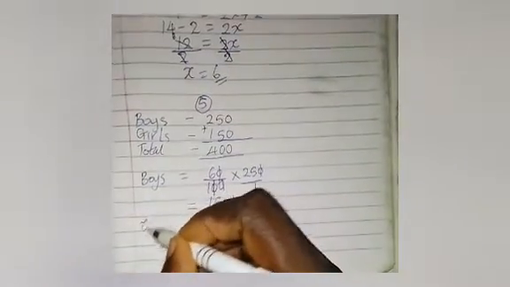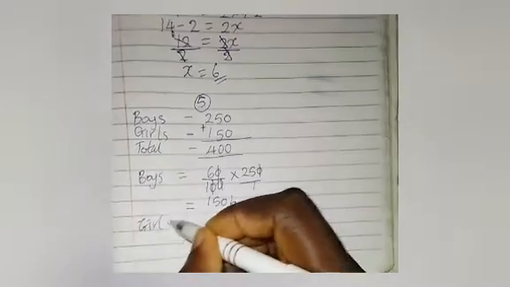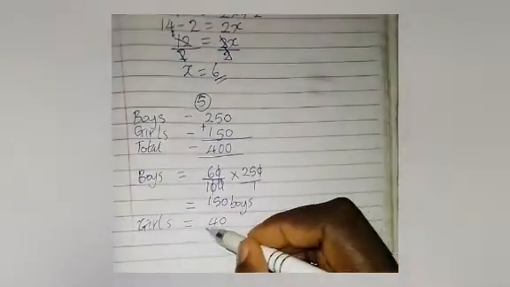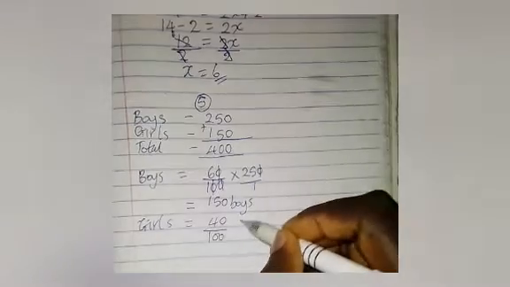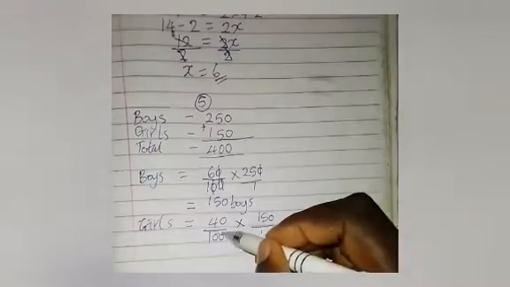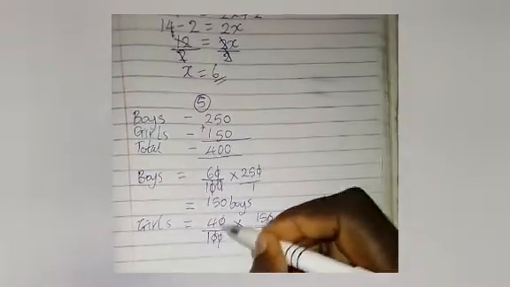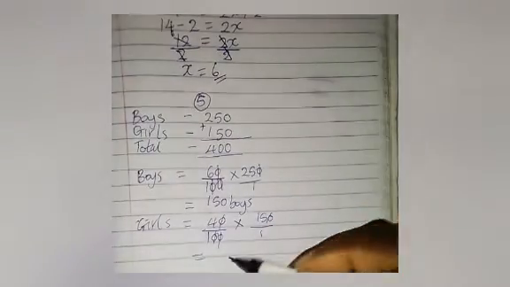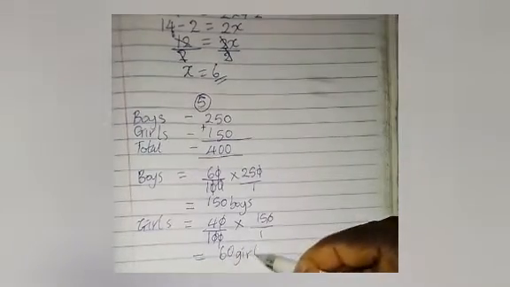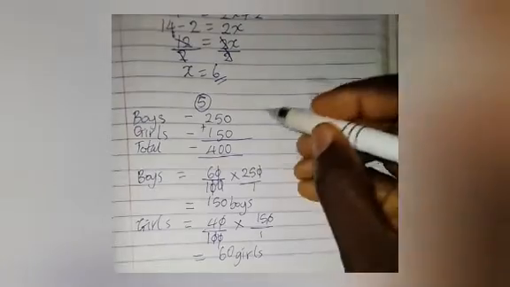And percentage of girls that played football is 40%. That is 40 over 100 times 150 girls over 1. We divide through again. 4 times 15 is 60. So 60 girls played football.